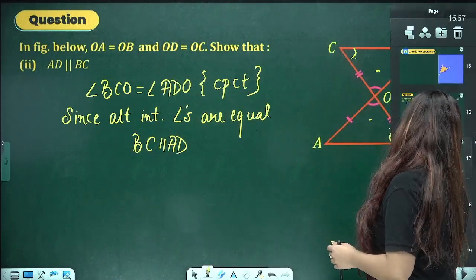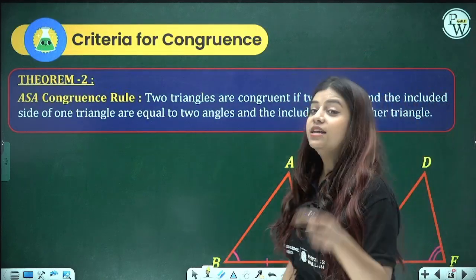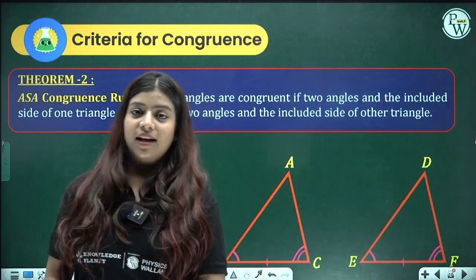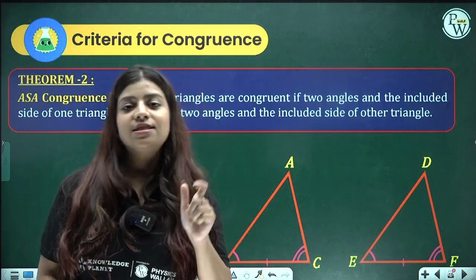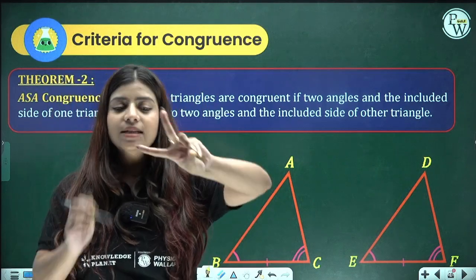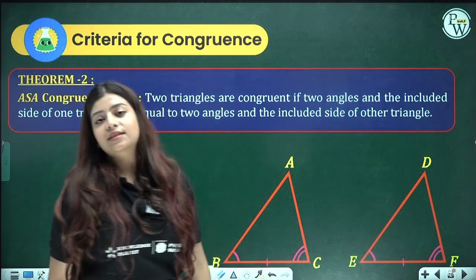The next criteria that we have over here is angle side angle. Now one is SAS, where two sides and the included angle are taken.